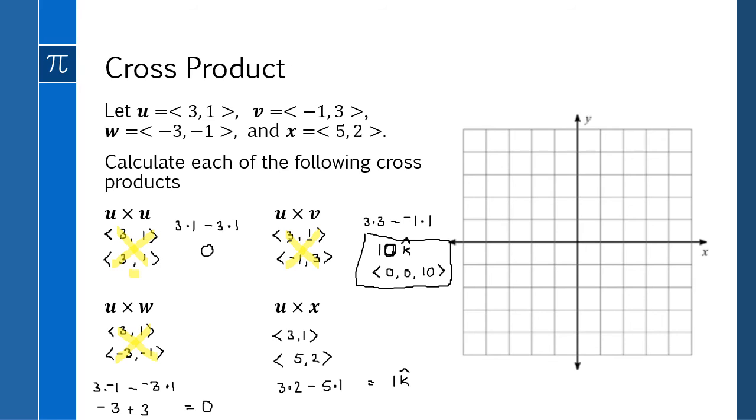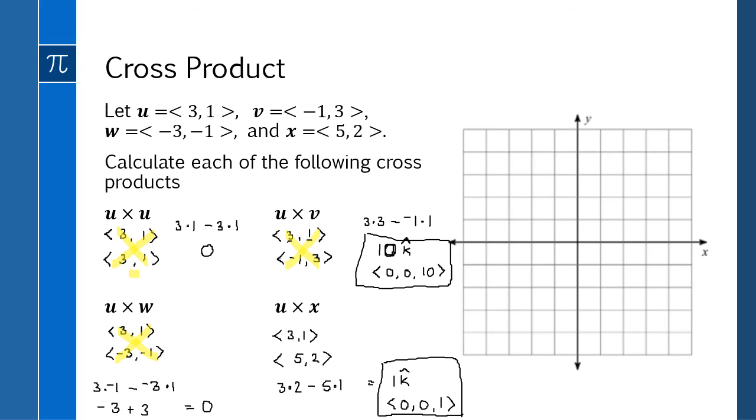So either 1 times the unit vector k, or if you want an ordered triplet, no x, no y, and just 1 unit along the z-axis. Whenever you have an actual answer for your cross product, you need to write it in vector form, either using a unit vector or an ordered triplet.